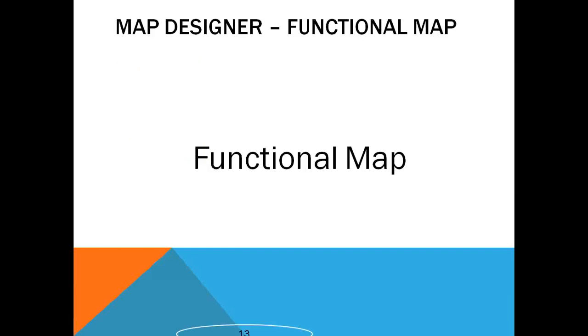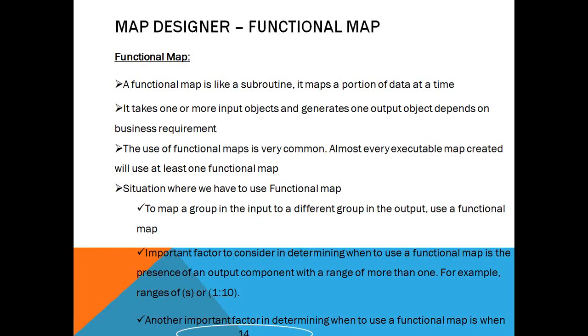So the next one is functional map. We already saw that. A functional map is nothing but like a subroutine. It maps a portion of data at a time. It's like a normal C function or any function in any language, .NET, Java.